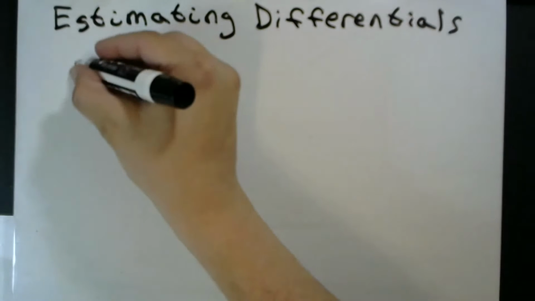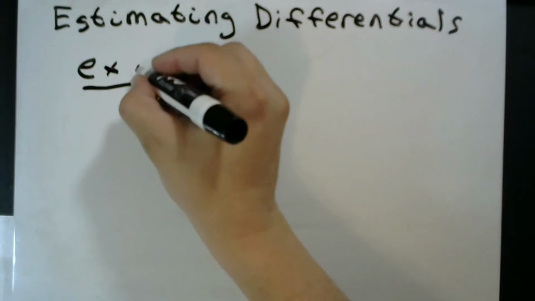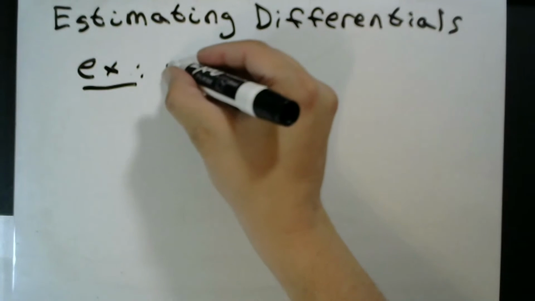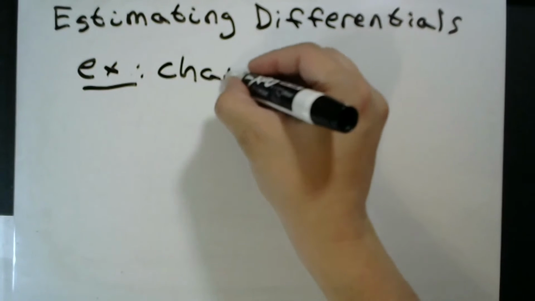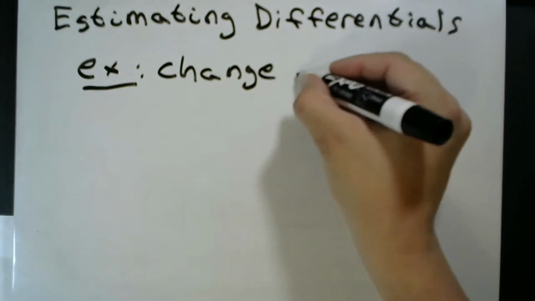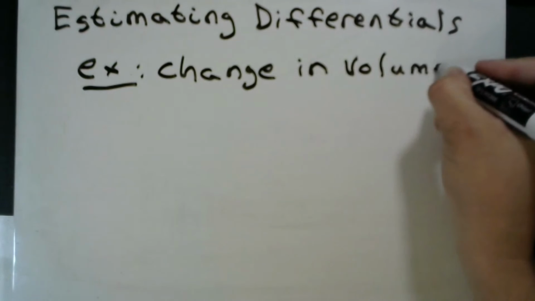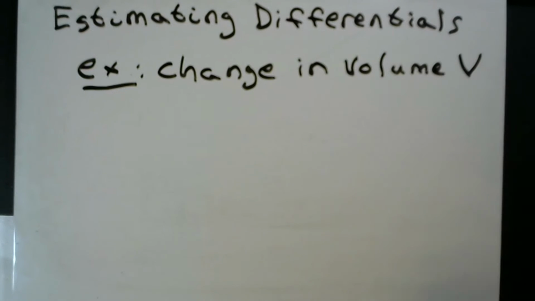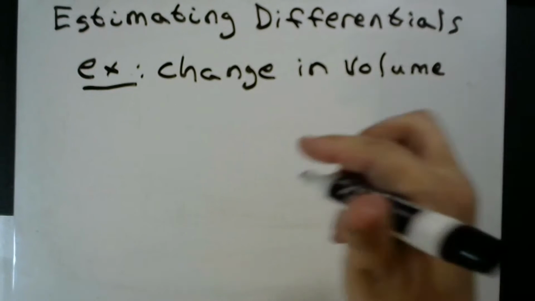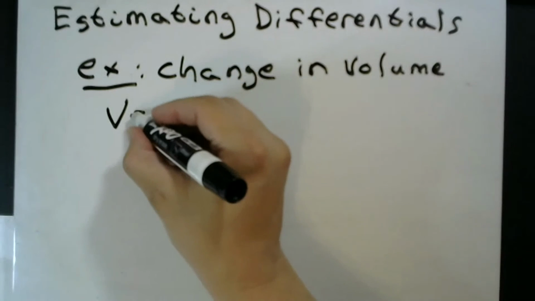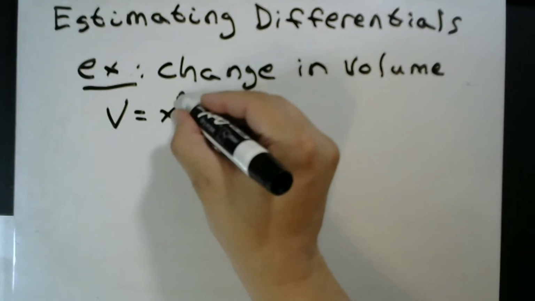Let's say we have this. We want to find the change in volume V. And let's say volume V is x cubed.